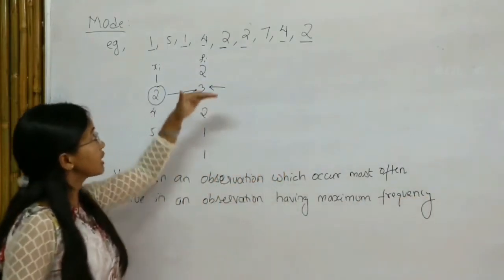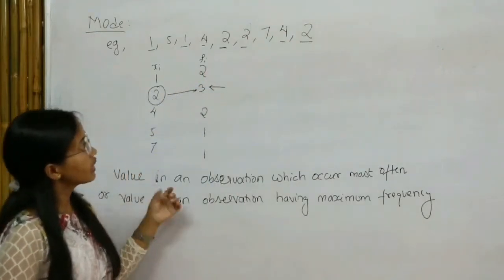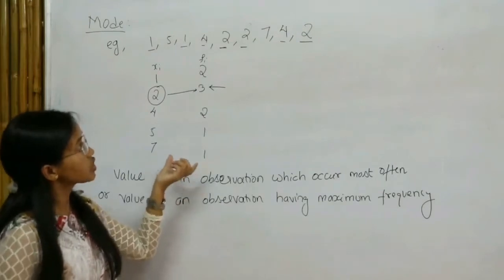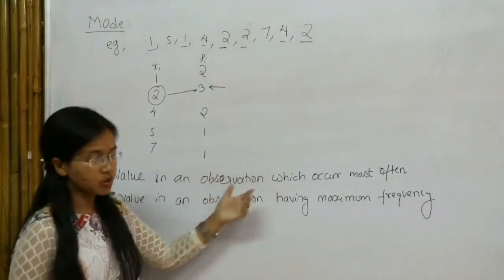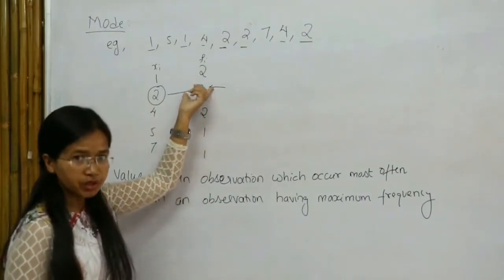So for ungrouped data like this, it is very easy to find the mode, because we only have to see the value which occurs many times, or the value which has the maximum frequency.